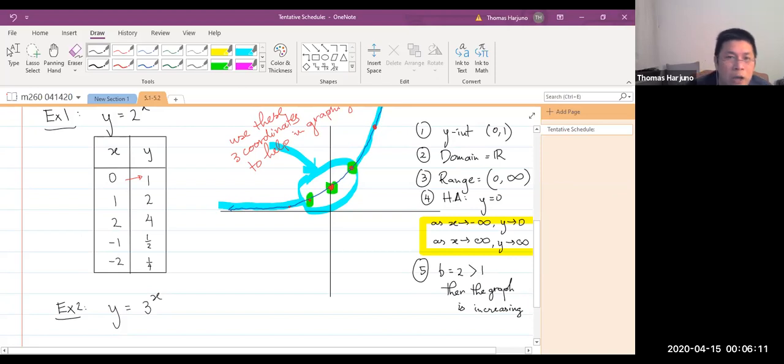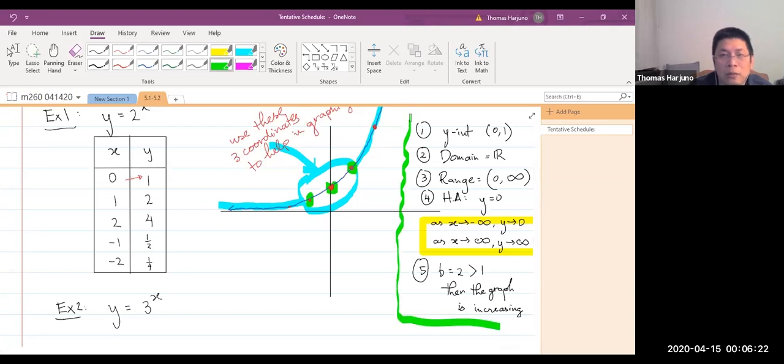Once you get the rough sketch, I want you to do this summary too. You're supposed to see exactly the same thing. Okay, let me give you like 5 minutes to do that.